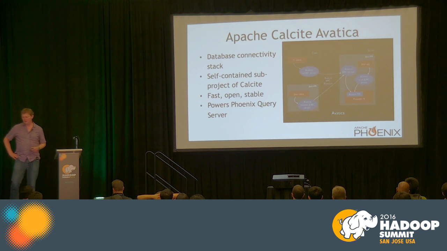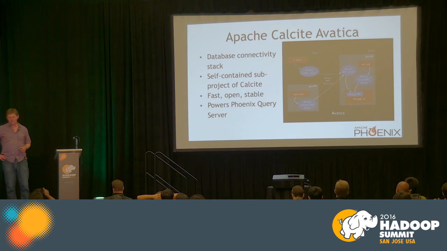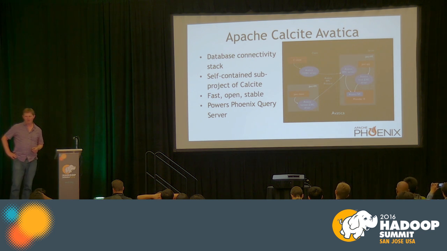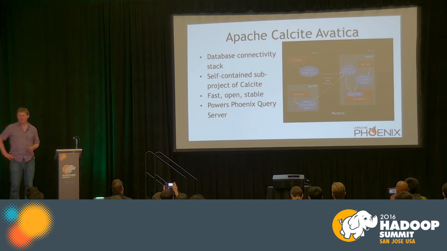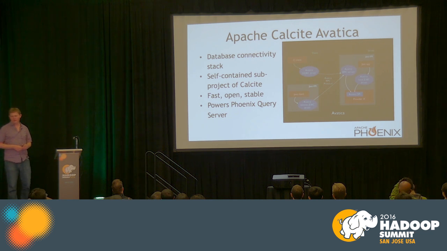Okay, there's an interesting sub-project of Calcite called Avatica. It actually doesn't depend on the rest of Calcite, and one day maybe it will become an Apache top-level project. It basically solves the problem of, I've got a database and I don't want to write a JDBC driver and an ODBC driver for it. So it's a wire protocol based on protobuf.